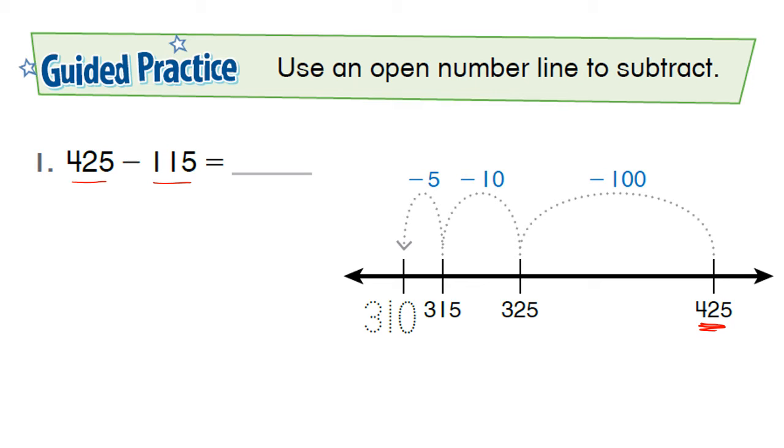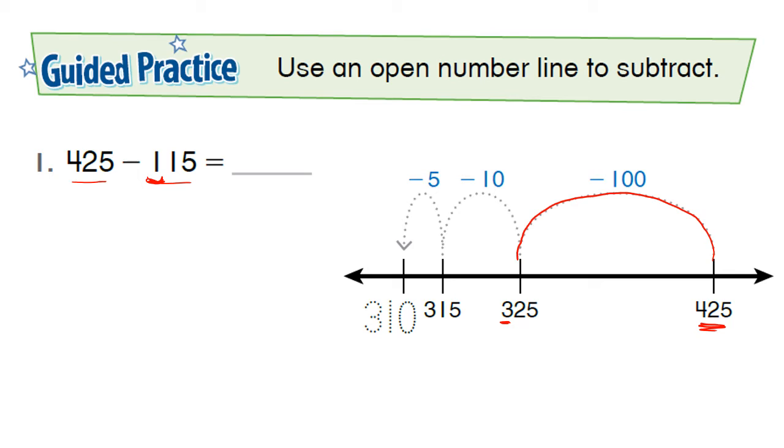So we're going to do this the exact way we added on an open number line. We're going to subtract by place value. So we're going to start with the hundreds place value, and we're going to subtract 100 because there is a 1 in the hundreds place. And if you notice, the hundreds place is the only place value that changed.